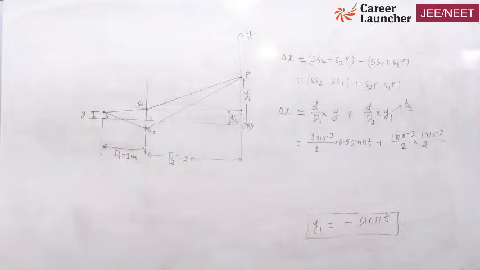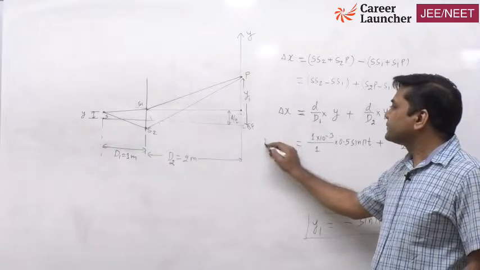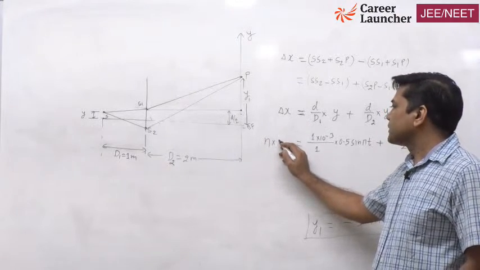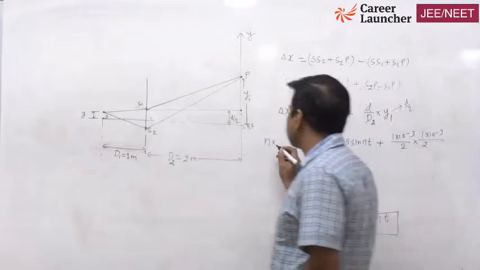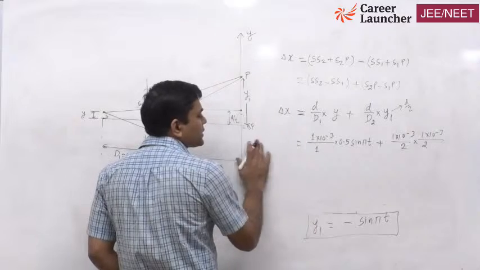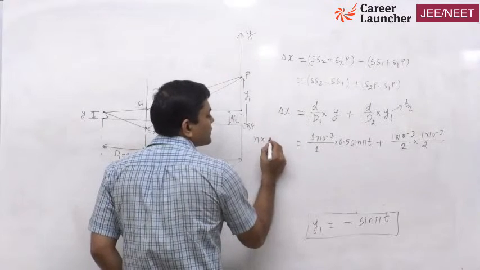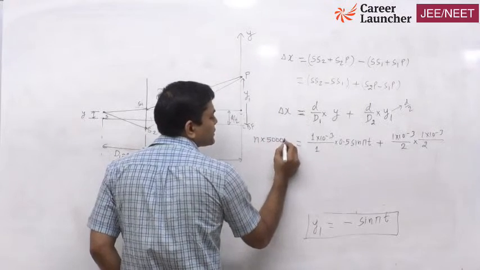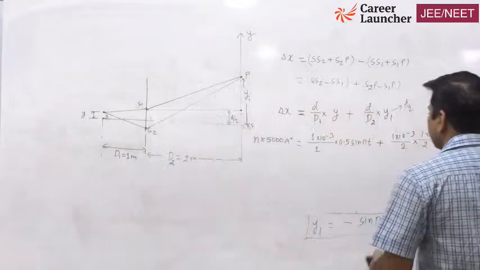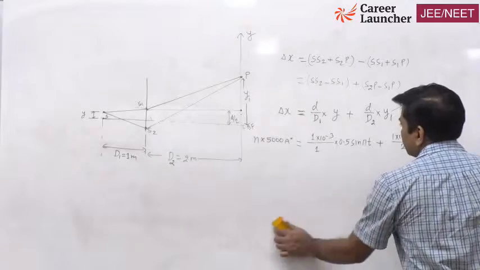And if it is equal to n lambda, lambda was 5000 angstrom, so you can change into millimeter also. I will do one thing. I will just write this as 5000 angstrom, and we will convert it into the same unit so that you could solve this question.